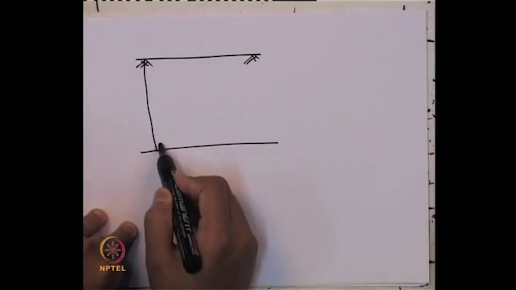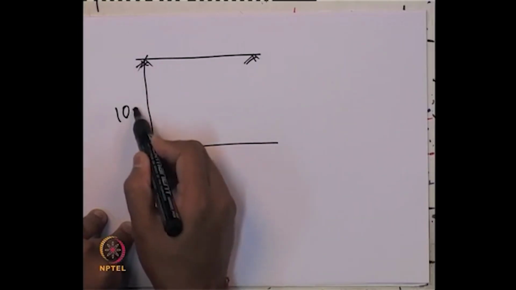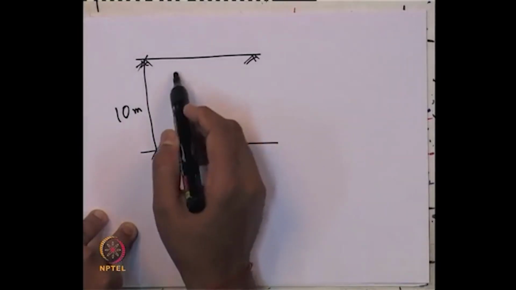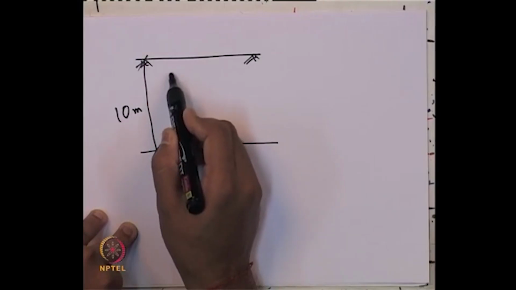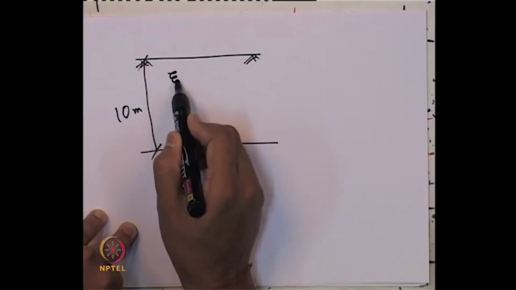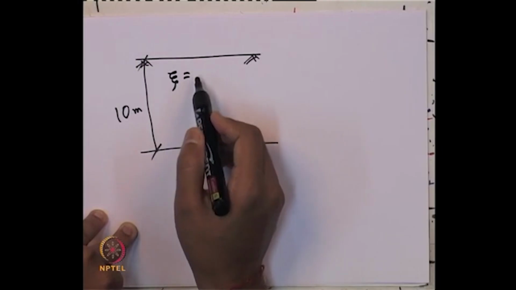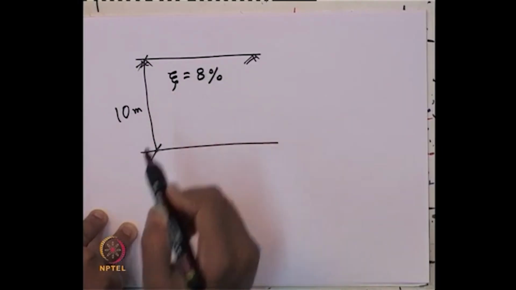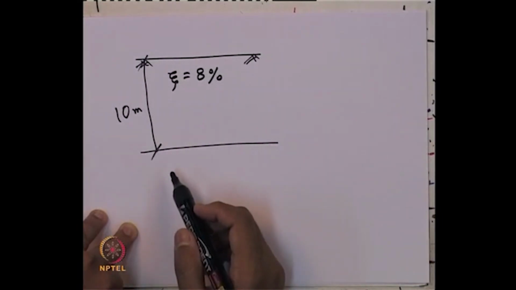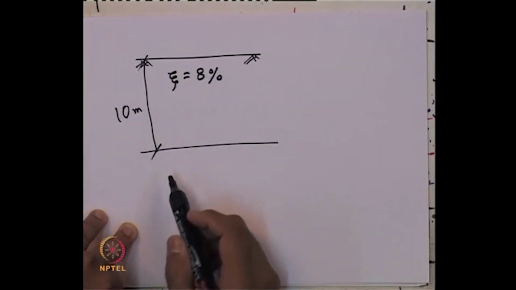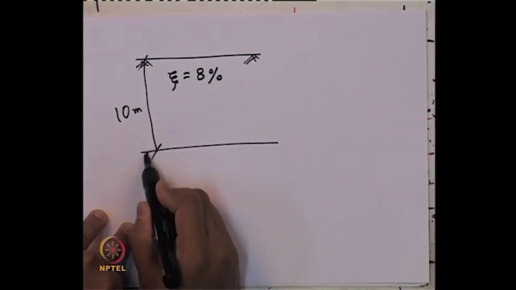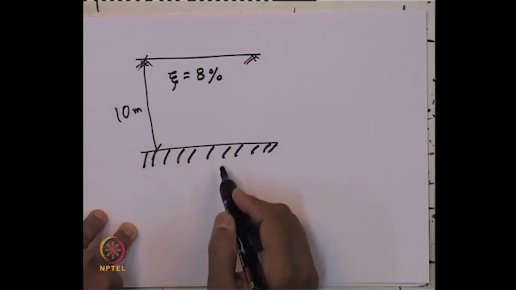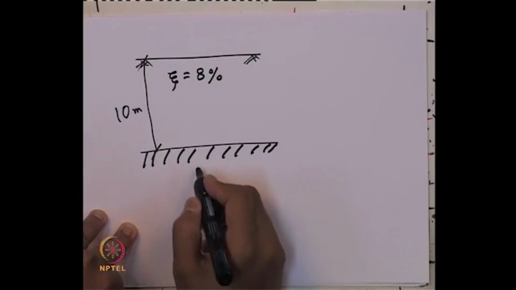We have a soil of 10 meter thick, and the damping ratio of this layer is 8%. For this soil layer, value of this damping ratio is 8%, that is given. Thickness of that layer is this, and here it is given as below 10 meter depth, it is rigid bedrock.